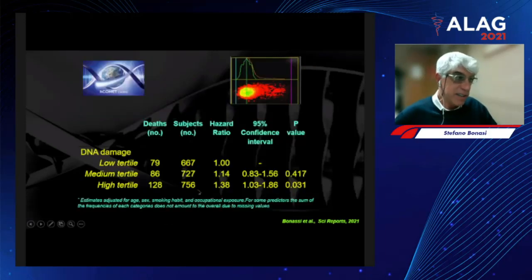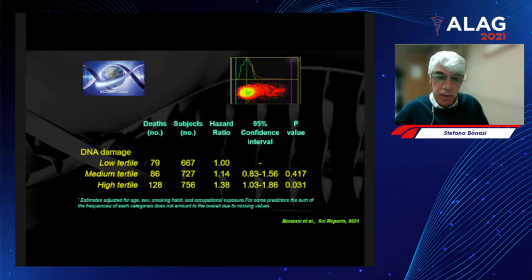And you see that results are not that different from chromosomal aberrations. Subjects in the highest tertile of DNA damage measured with the Comet assay have about 38% higher probability to die of any cause. We tried to remove people dying of accident, and this hazard ratio increased, but the number got smaller, so we prefer to present the overall picture.